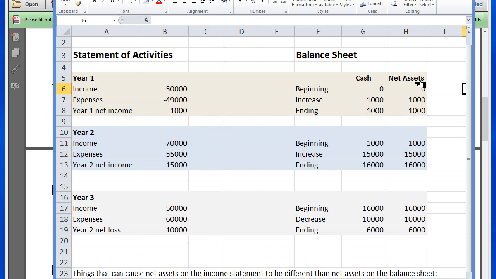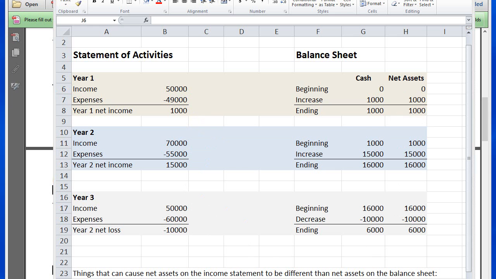Now, if we had some liabilities in here, how would that affect our net assets? Well, it wouldn't affect it at all if, for instance, we took out a loan, say for $500, to purchase a computer.